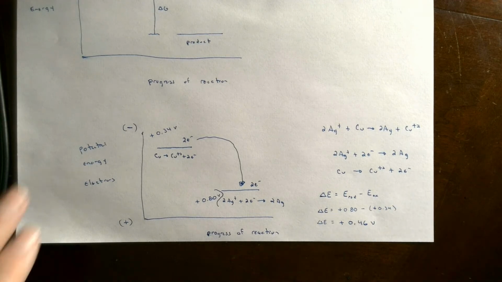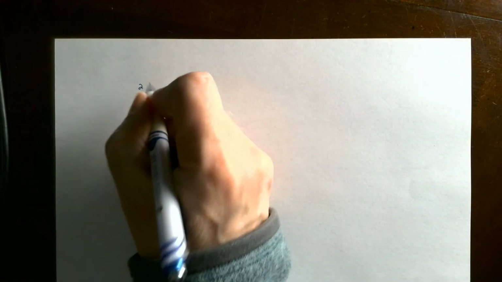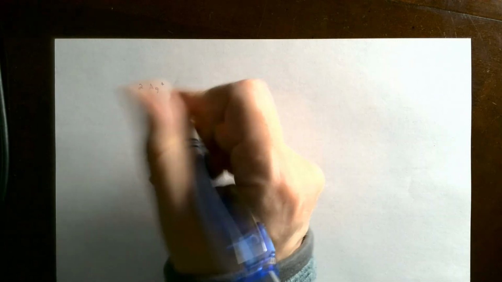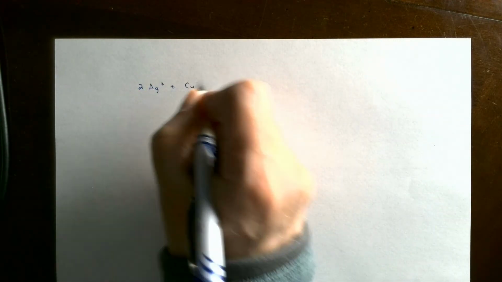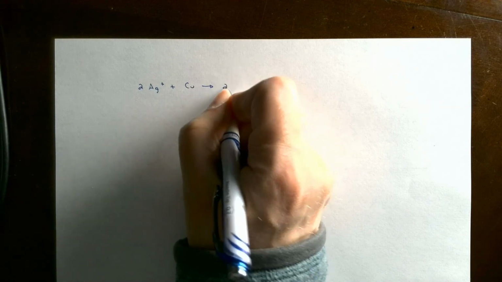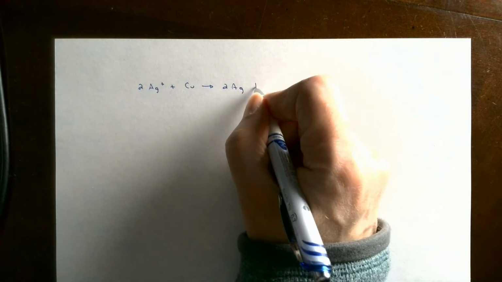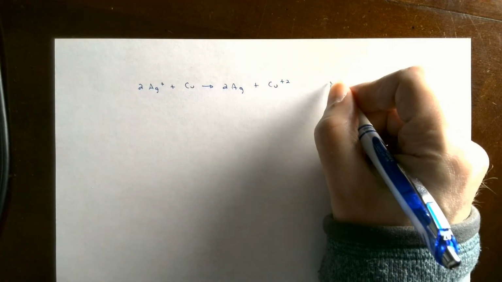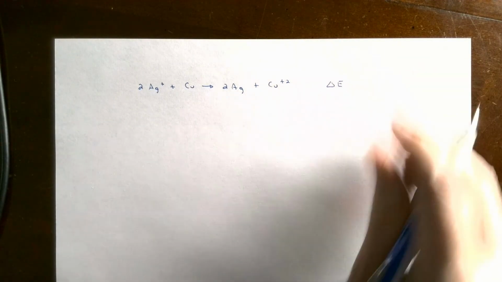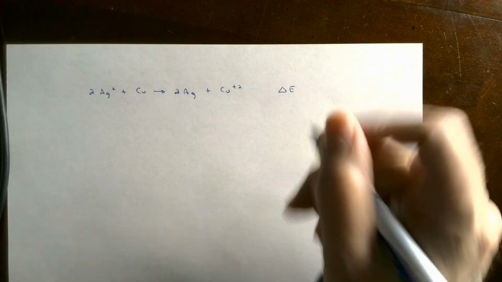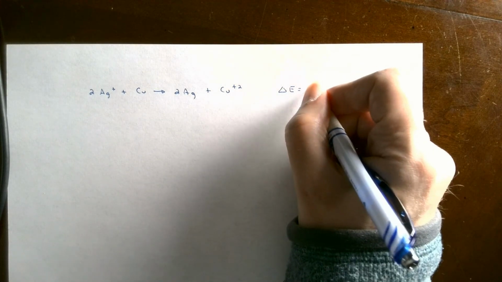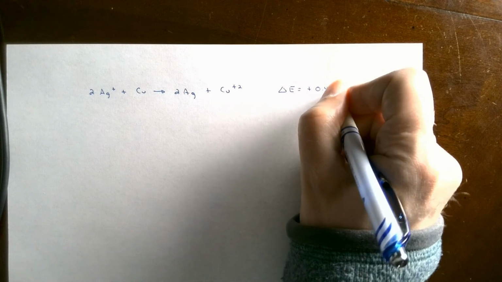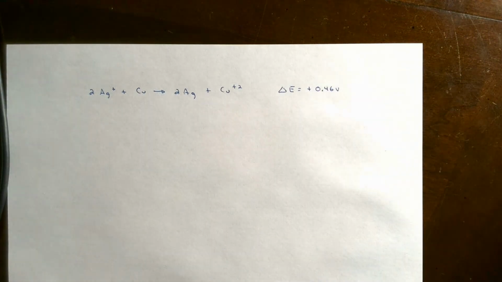Now, the payoff of all of this is that when we have this reaction written in this way, we know that the change in potential energy is going to be equal to plus 0.46 volts.